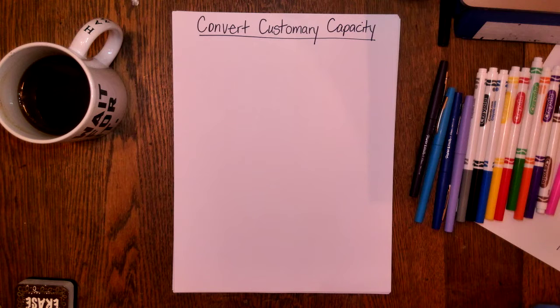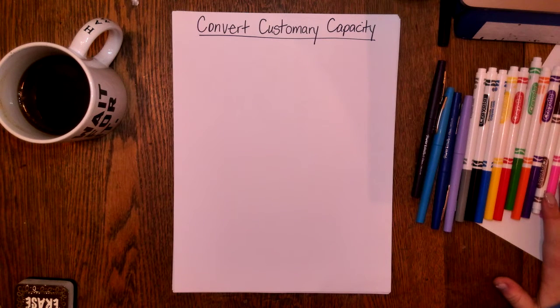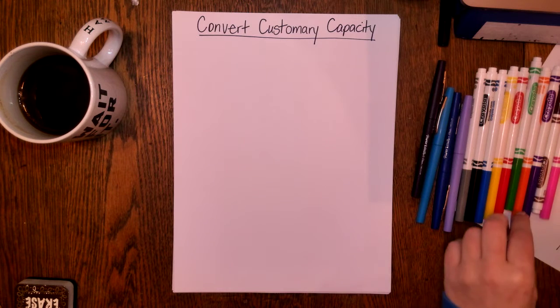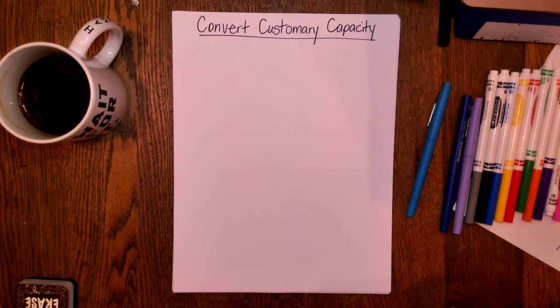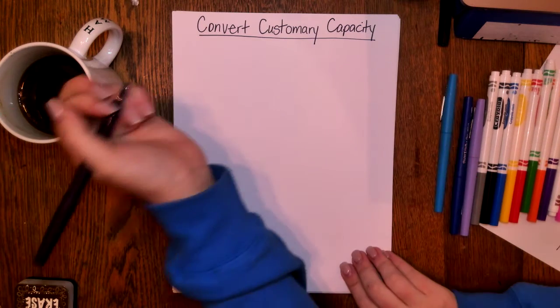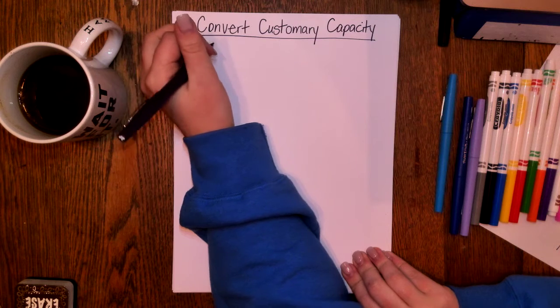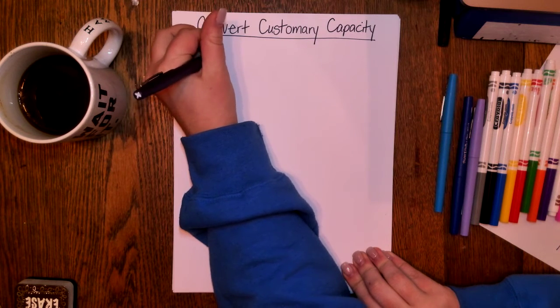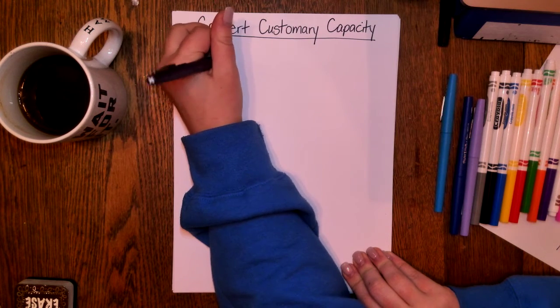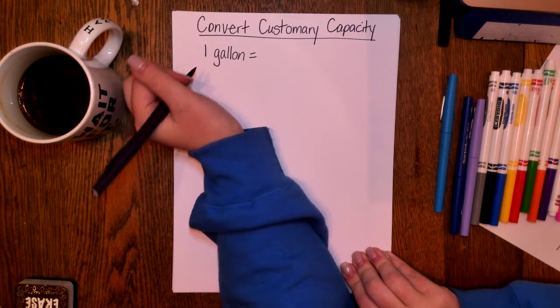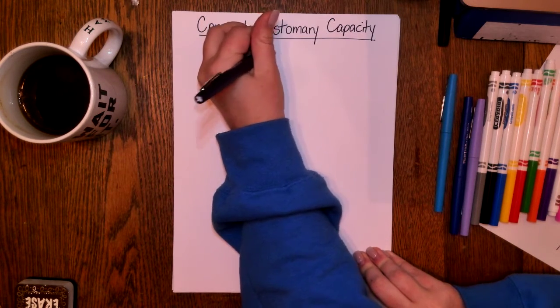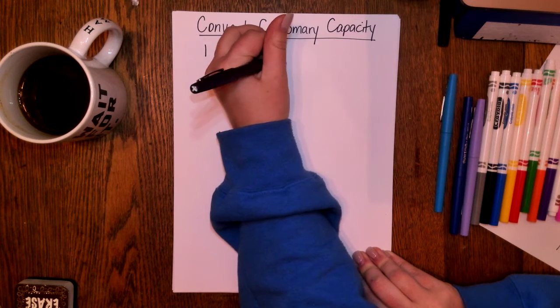Let's look at it. The first step when we are converting measurements is to know your unit. When we are dealing with our units for capacity, we are going to know that 1 gallon equals 4 quarts.